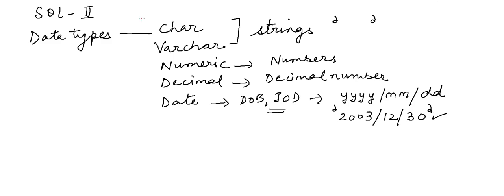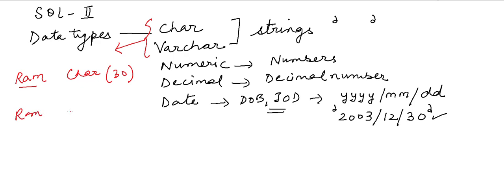Now let's talk about the difference between char and varchar. Suppose I am storing Ram, a string, in a char variable of size 30, and I am storing Ram in another variable which is varchar of size 30.